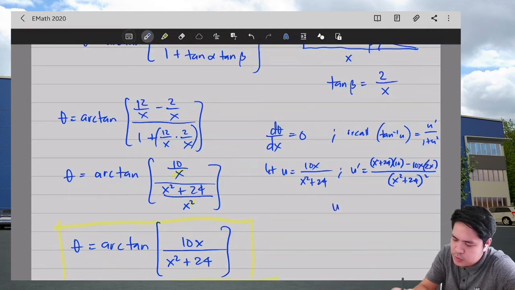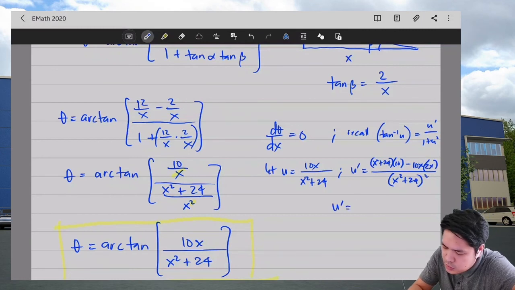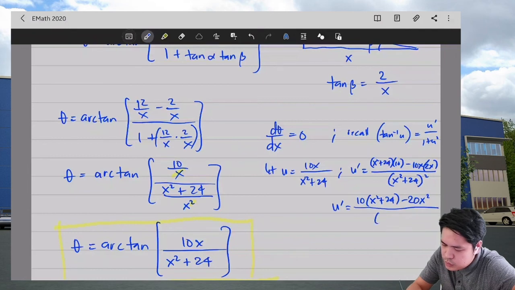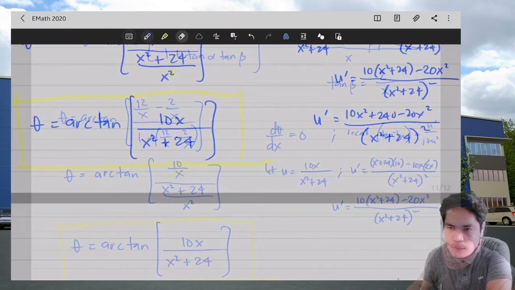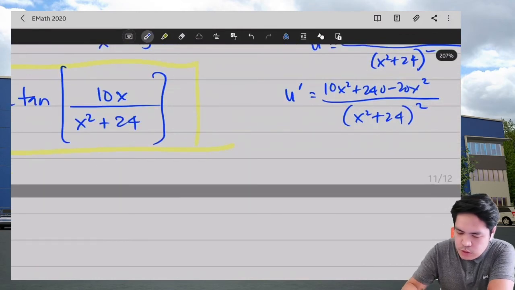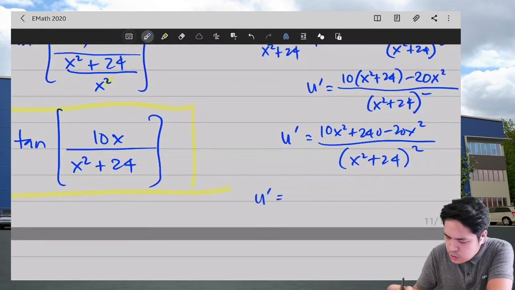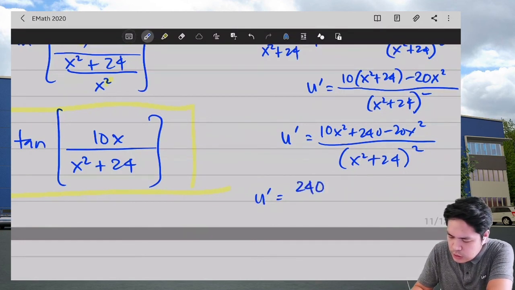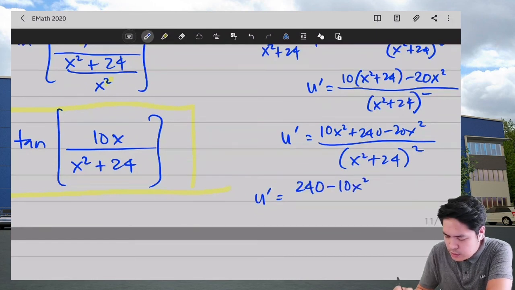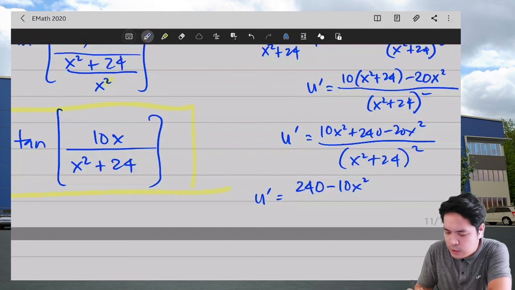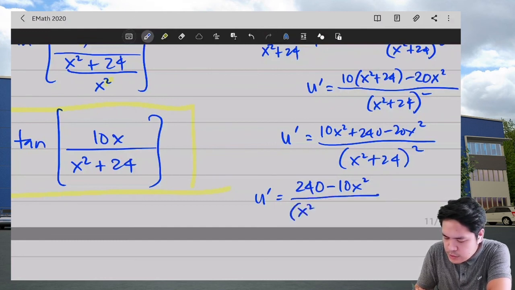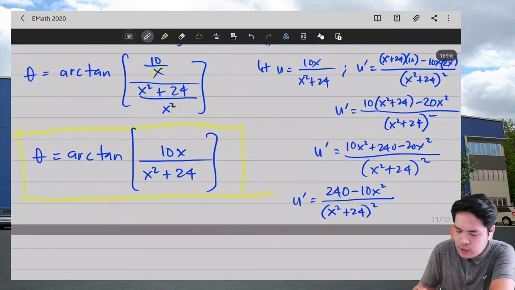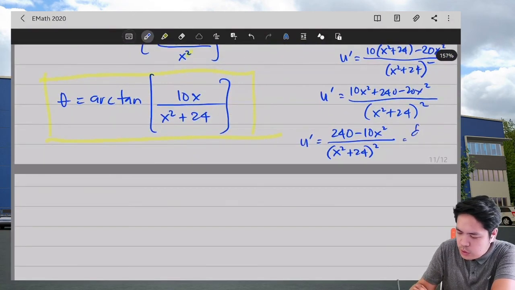Okay, so u prime is equal to 10 times x squared plus 24 minus 20x squared, over x squared plus 24 squared. So from here, let's continue. So therefore, u prime is equal to 240 minus 10x squared, over x squared plus 24 squared. That would be our u prime, or du over dx.